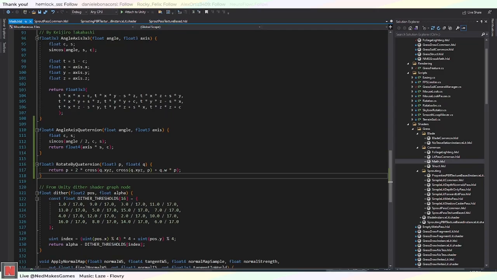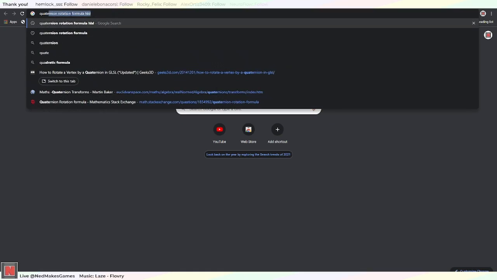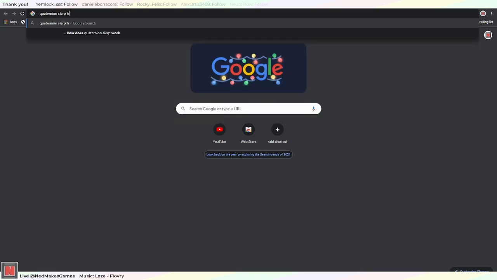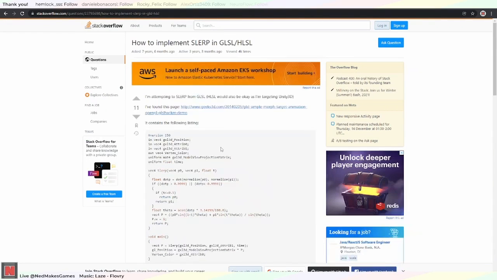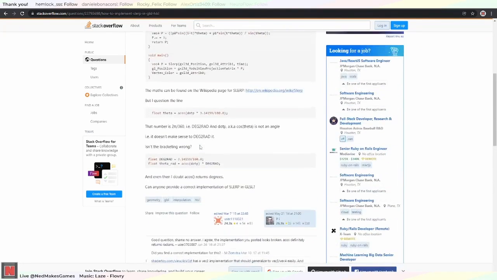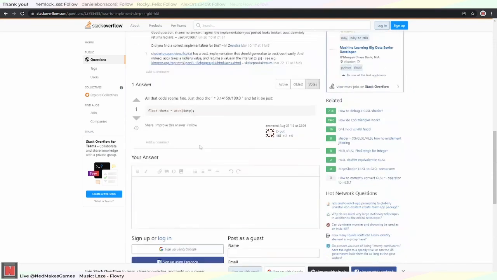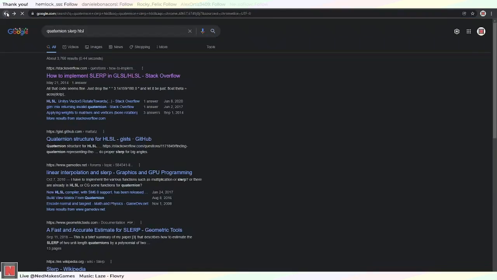And then the other function I'll need is quaternion interpolation, which is usually called SLERP. Let me see.